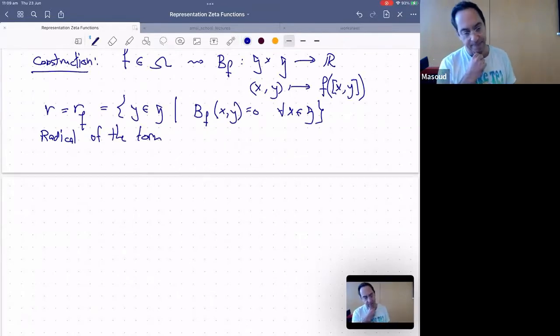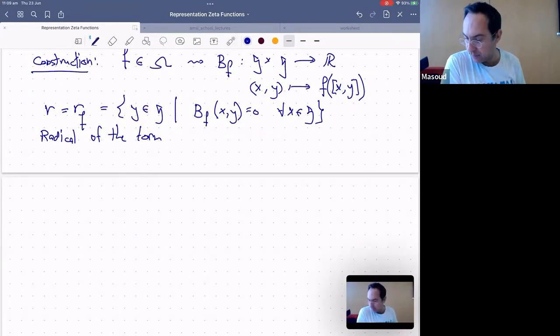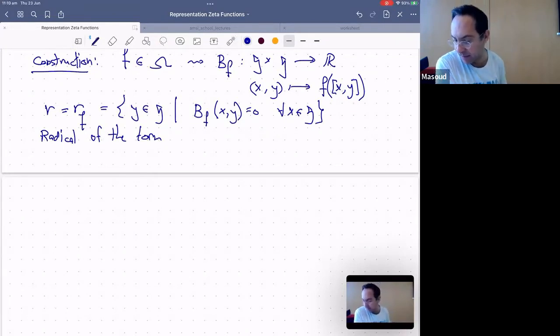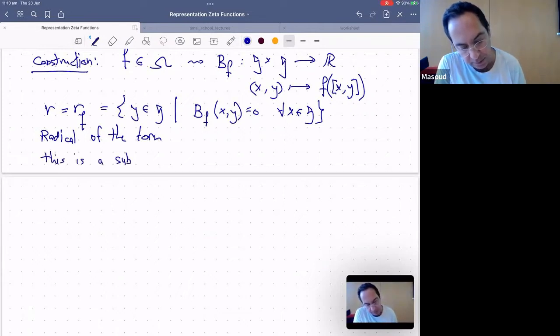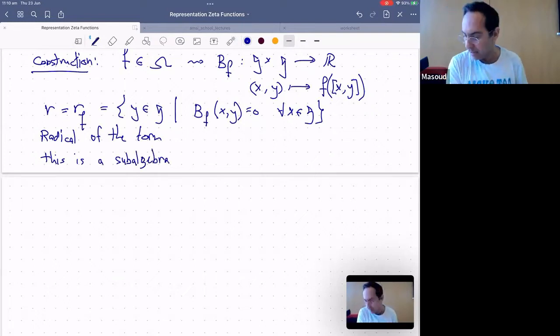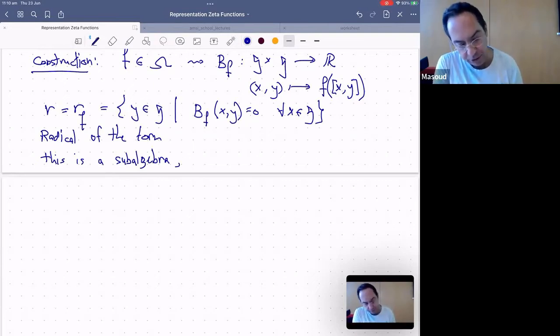And now it turns out that the radical is a subalgebra, not difficult to show. And you can exponentiate it and get a subgroup. So R_F by definition is the exponentiation of the radical.